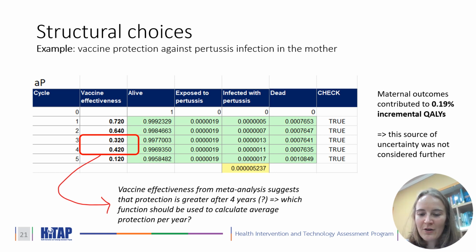When we ran our initial analysis, just using the raw data, the maternal outcomes had a very, very small impact on the result. Essentially, all of our health impact outcomes were being driven by the benefit of vaccination in infants. So in this case, we didn't do any further analysis. We didn't look at any sophisticated functions. It's got a very minimal impact on the result. We just used that data straight from the meta-analysis.